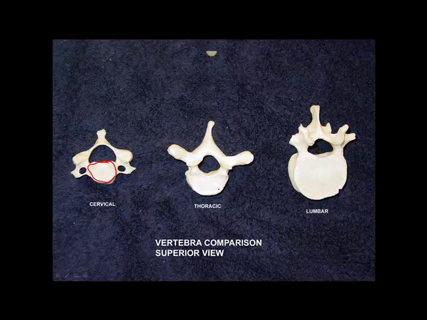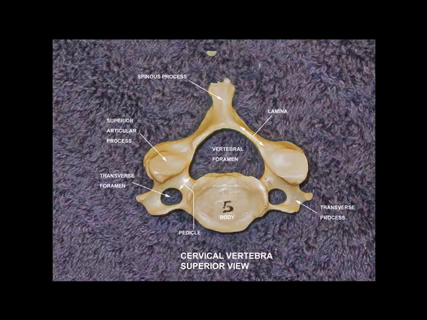Now when we get to the thoracic vertebrae, you can see more easily this is the pedicle. This area right in here is the lamina. So here, pedicle and lamina. You may have heard this word here.